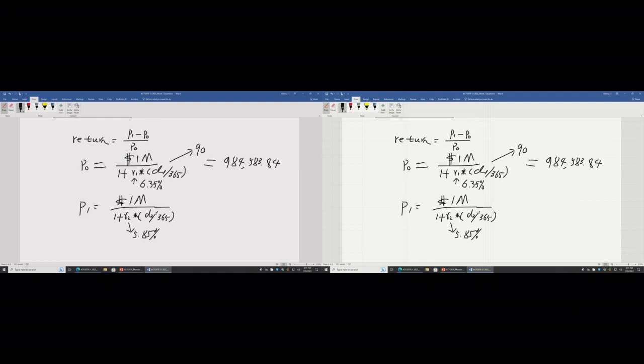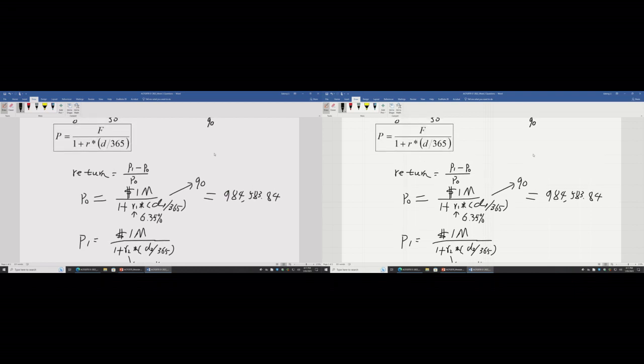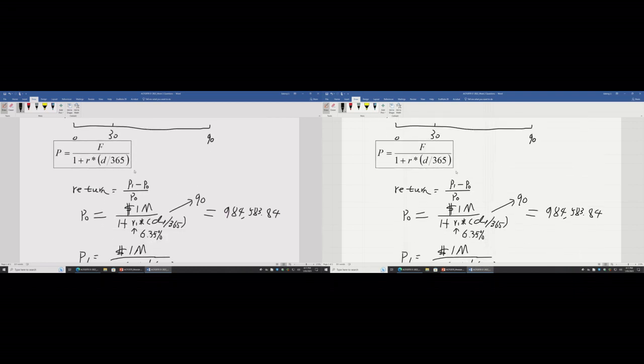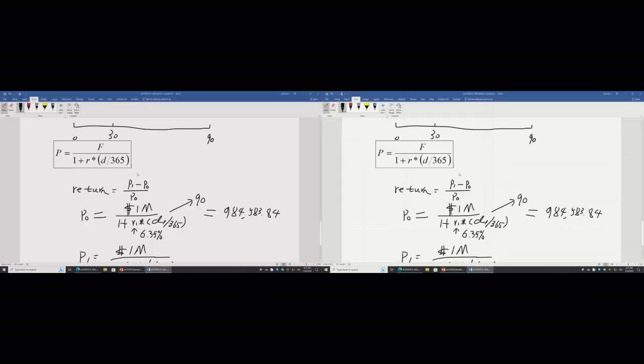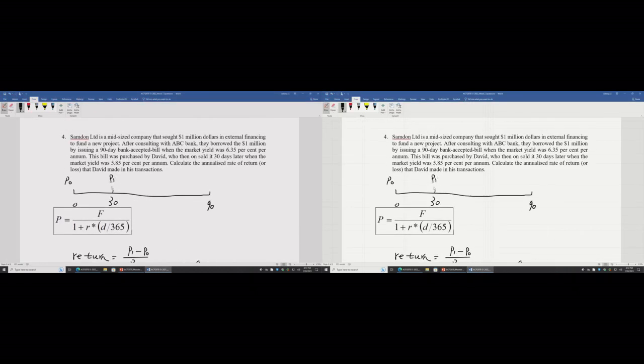Right, so what's the value for D2 now? 60 or 30? 60, okay? So remember, D means number of days to maturity. So P1 actually occurs at day 30, right? There will be 60 days till maturity. All right, so how many days left until maturity?